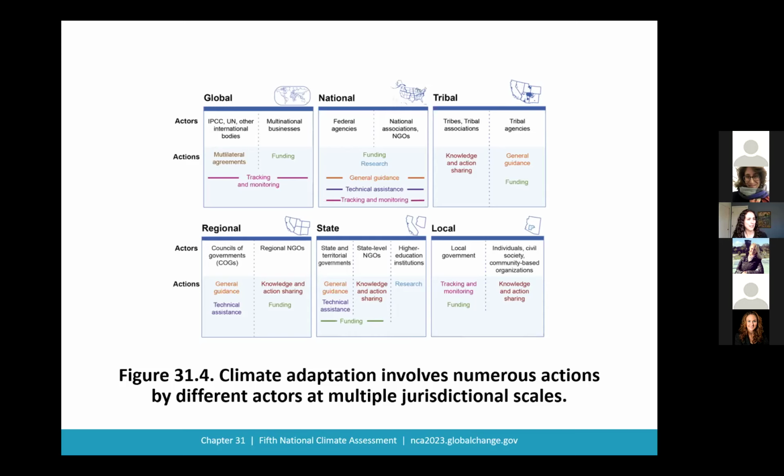And another challenge that we see with the current state of adaptation governance is that all of these different organizations and the communities that they represent often have pretty distinct and sometimes conflicting views of what the problem is that we're trying to solve with adaptation, different levels of tolerance for risk, and different preferred solutions.